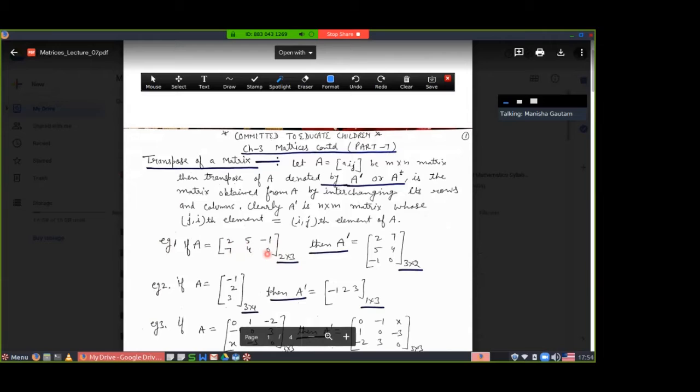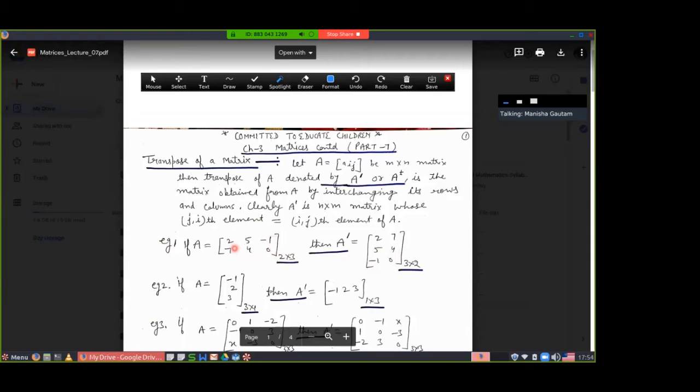When you interchange the rows and columns, the column elements 2, 7 become the elements of a row. In the previous A it is written from up to down, and when you write the transpose, it is written left to right as a row. The second column 5, 4 up to down is written in the transpose as 5, 4 from left to right as the second row. And the third column minus 1, 0 becomes the third row of the matrix, that is minus 1, 0.